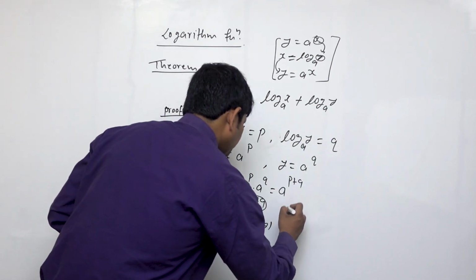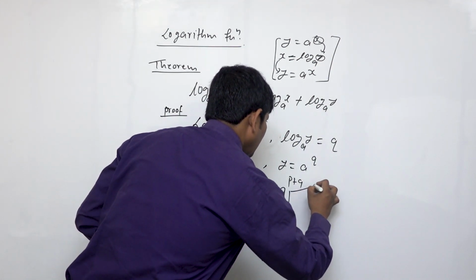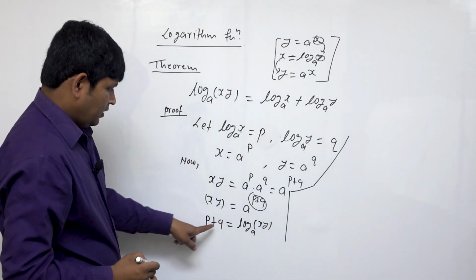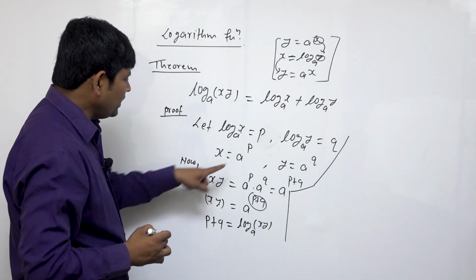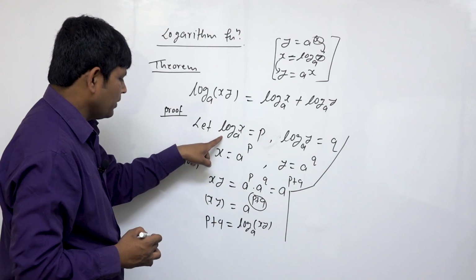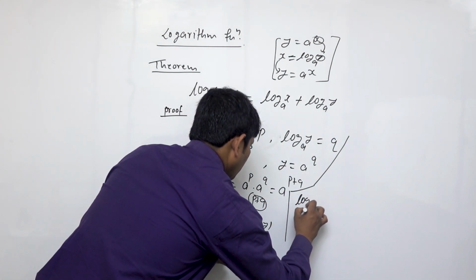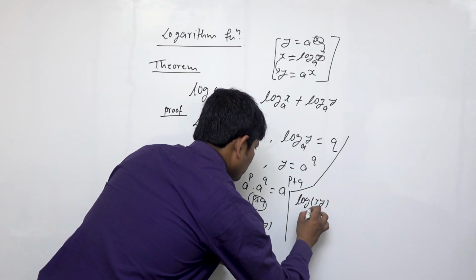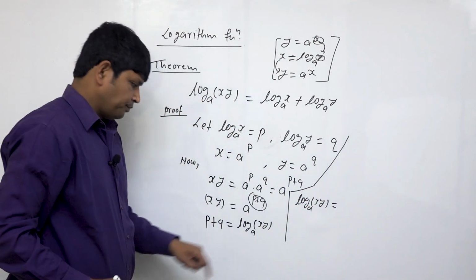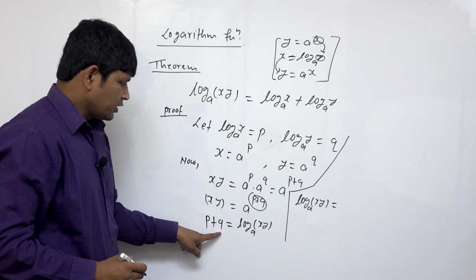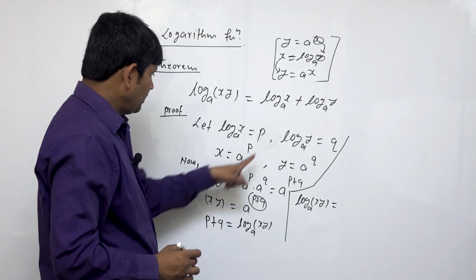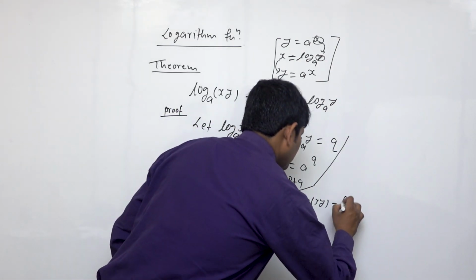Now what is the value of p? p is log of x to the base a. I will write this first on the left hand side: log of xy to the base a is equal to p plus q. What is p? Log of x to the base a.